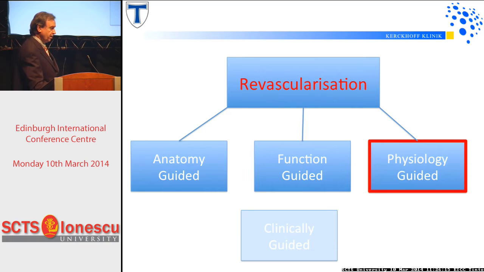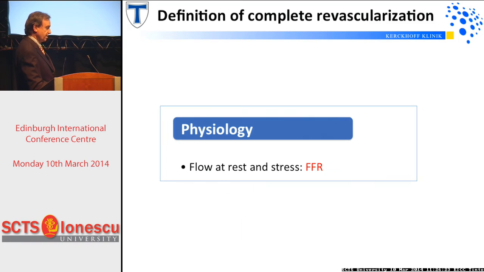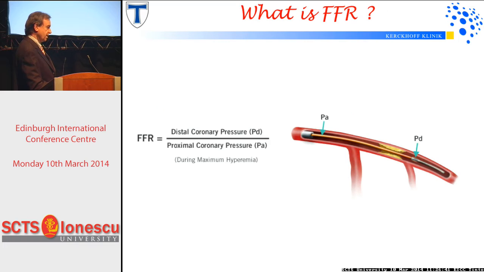I think even more important than function is the physiology, because that's what the final aim is: that we should improve physiology. And physiology means what is the flow in the arteries, not only at rest, but also what's the flow under stress, under exercise. And it's also already been shown by Philippe that FFR today is the standard.